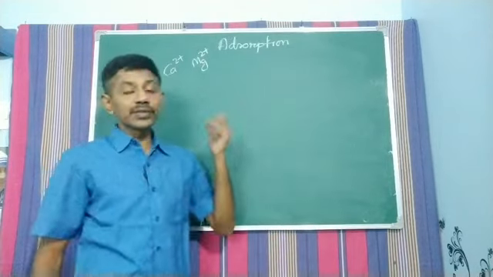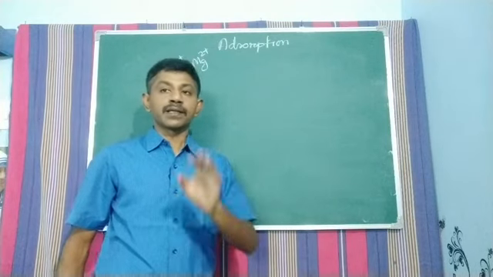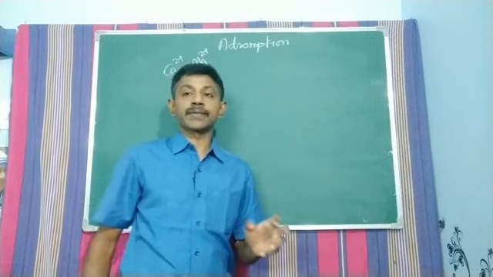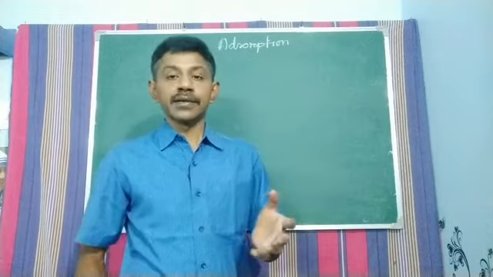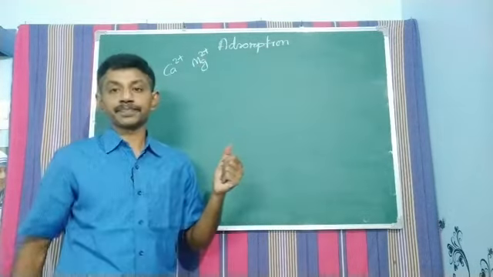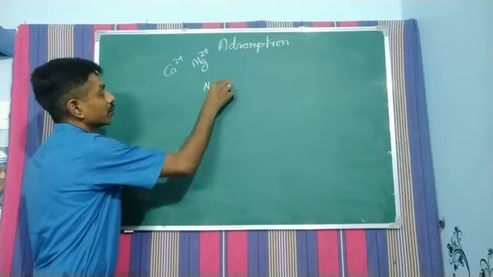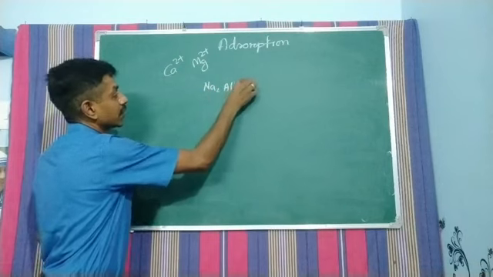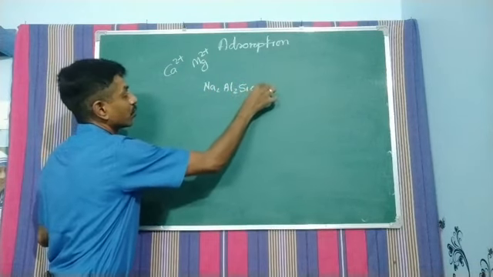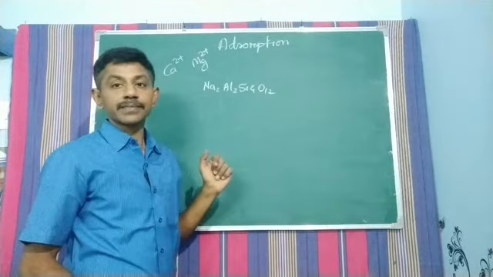So how to remove these metal ions like calcium and magnesium? They used permutits, that means the resins which can extract or remove this calcium and magnesium. For example, their formula may be Na2Al2Si4O12. So the resins are filled with these materials.